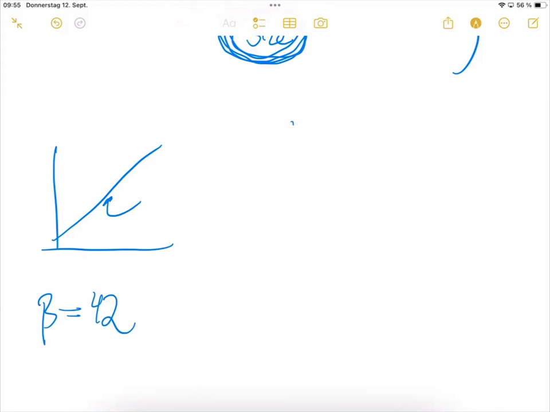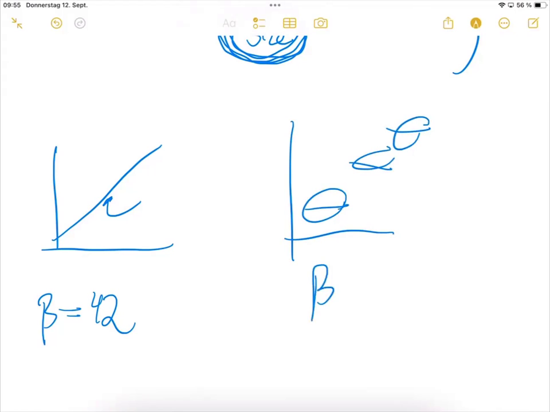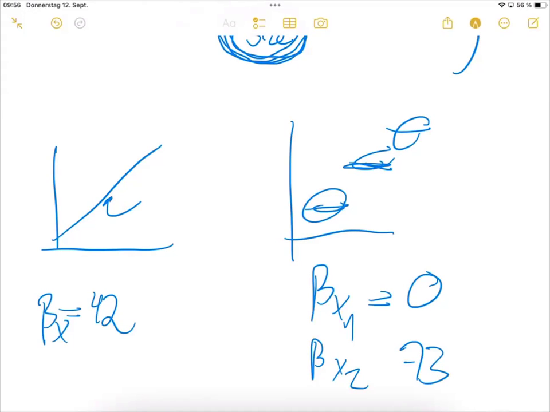And some other person comes up with the idea, oh no, I've got beta x and here two variables, beta x1, x2, and then saying, oh no, the association here is 0 and the other one has some value whatsoever.